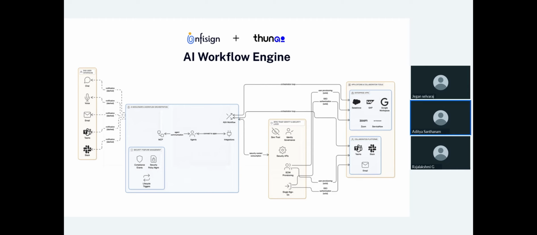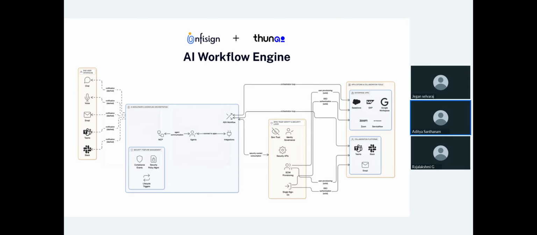And this entire user provisioning and deprovisioning can happen across applications, irrespective of what kind of user provisioning or deprovisioning they support, because Infisign overall supports various protocols. It supports the SCIM protocol. It supports APIs for user provisioning and deprovisioning. It can do your LDAP provisioning. So it can connect with all of these protocols.